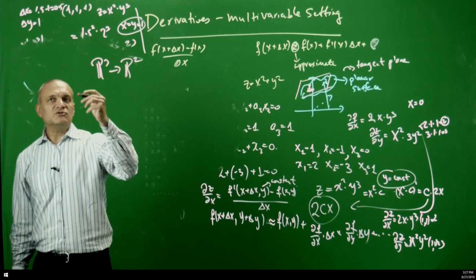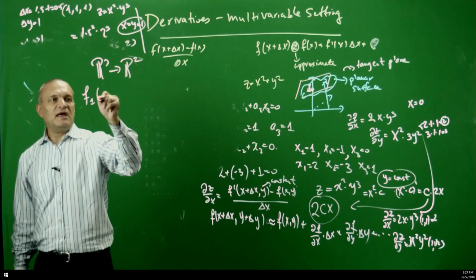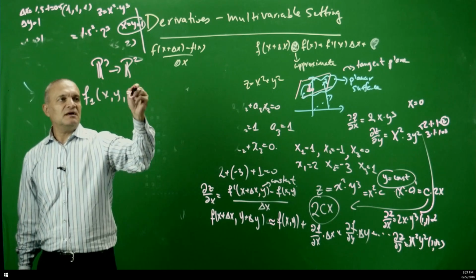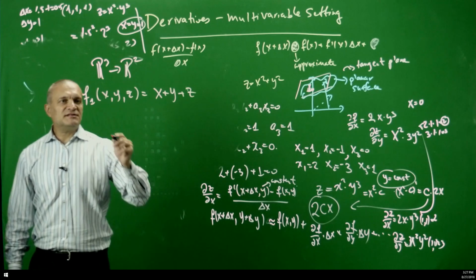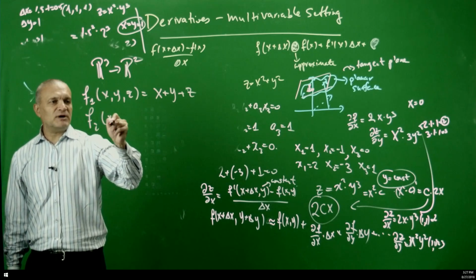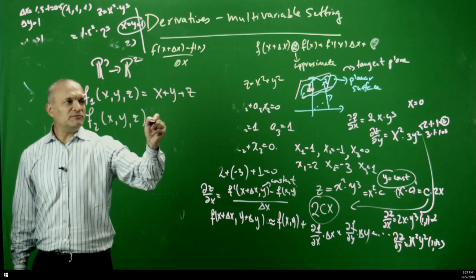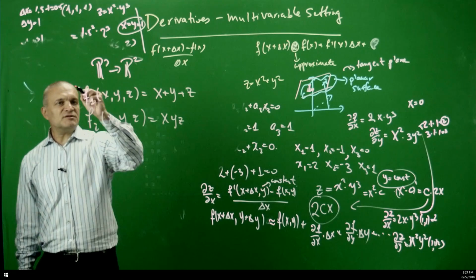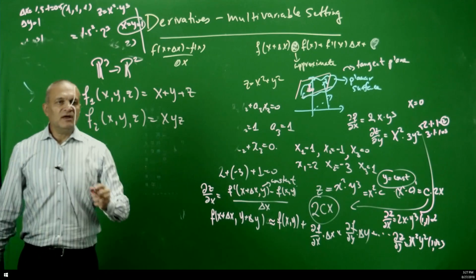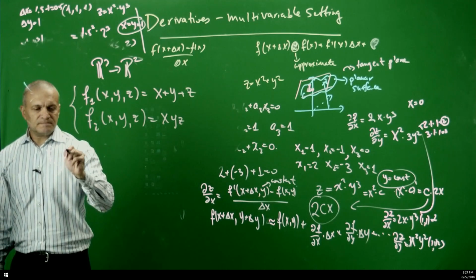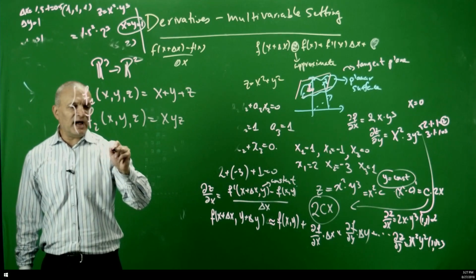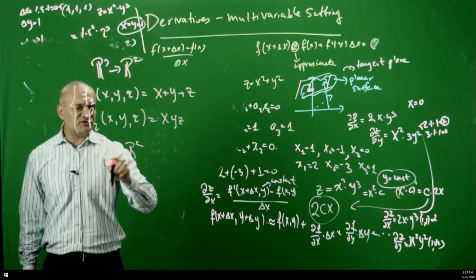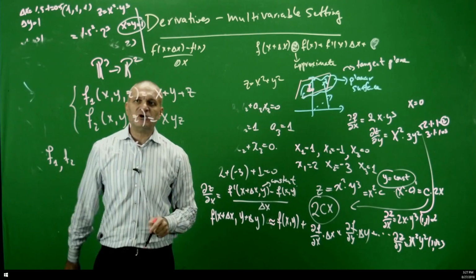You have two functions: f1(x, y, z) equals x plus y plus z, and f2(x, y, z) equals xyz. Then the pair f1, f2 defines a mapping from R3 to R2. Why? Because every point that you have in R3, you can associate with a point in R2.